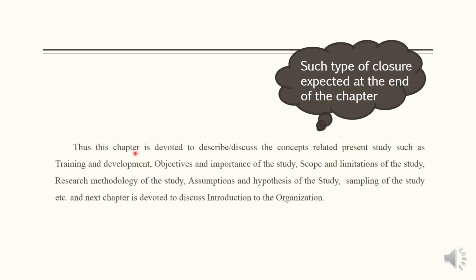Thus, this chapter is devoted to describing and discussing the concepts related to the present study, such as training and development, objectives and importance of the study, scope and limitation of the study, research methodology of the study, assumptions and hypotheses of the study, sampling of the study, etc. And the next chapter is devoted to discussing the introduction to the organization.